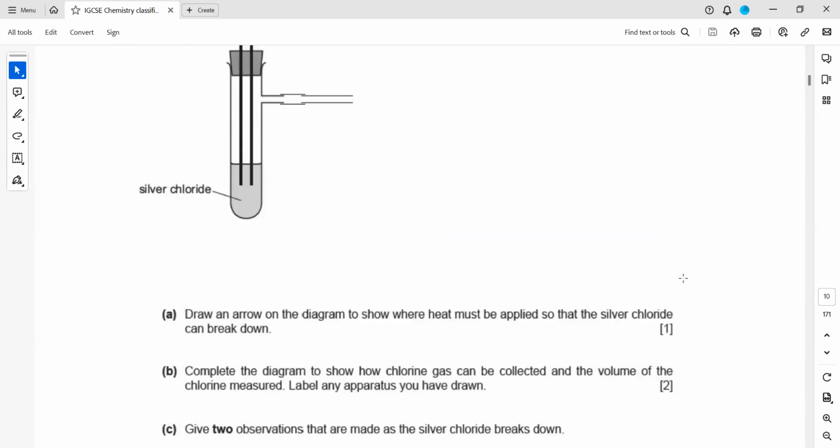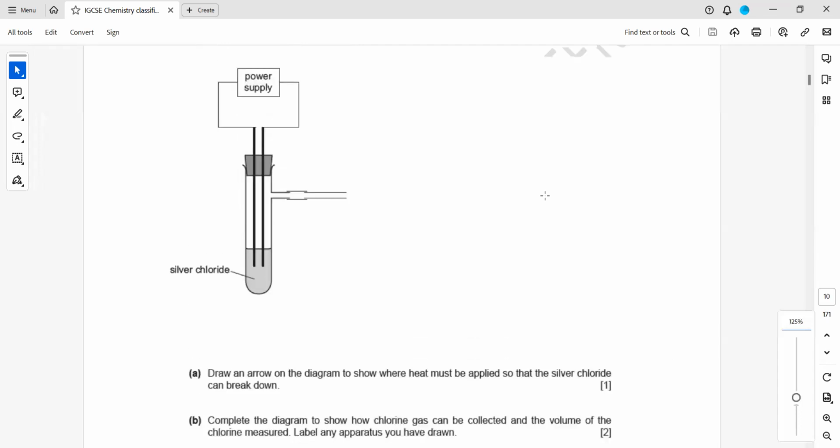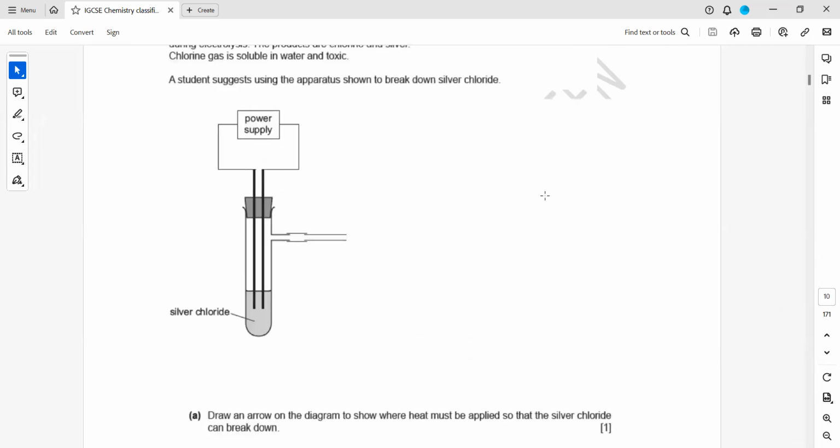Draw an arrow on the diagram where the heat must be supplied to break down. Where we should supply heat energy. Use the screen annotation. For a screen annotation, you can find an icon like a pen. When you click on that, you can annotate on the screen. I expect active participation from everyone, especially when we are doing paper six.